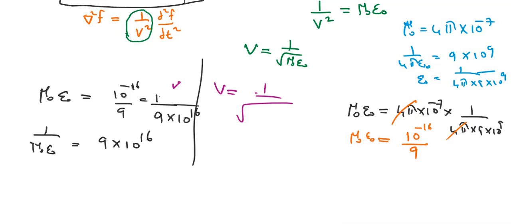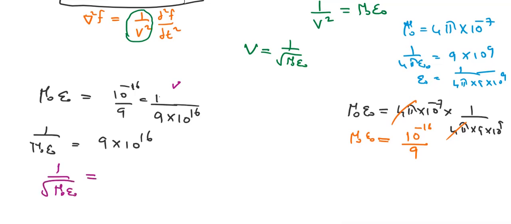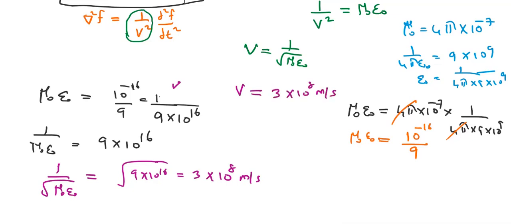Let us substitute the value. What comes after substituting? 1 by root of mu 0 epsilon 0 is root of 9 into 10 power 16, which is nothing but 3 into 10 power 8 meter per second. Therefore, here straight away I can write V is equal to 3 into 10 power 8 meter per second.